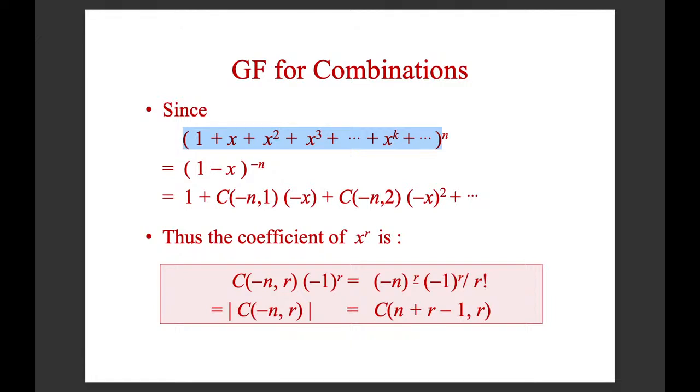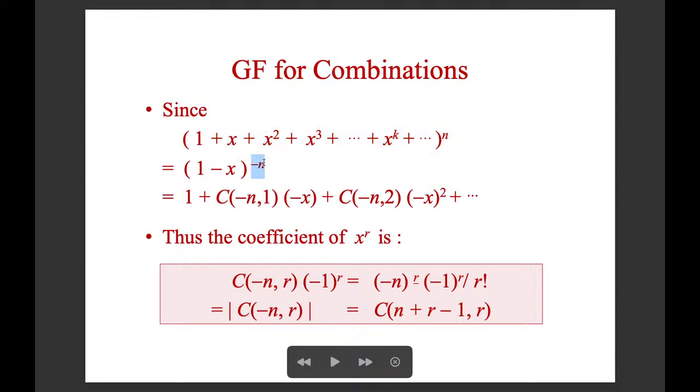Okay, so this whole thing to the power n is equal to (1 minus x) to the power minus n. Is that okay? And then by using the binomial expansion, we know that after the expansion, we will have (minus n choose 1) multiplied with minus x plus (minus n choose 2) multiplied with minus x squared, and so on and so forth.